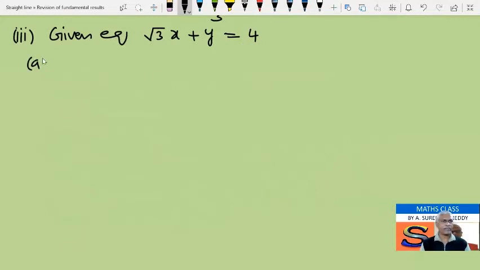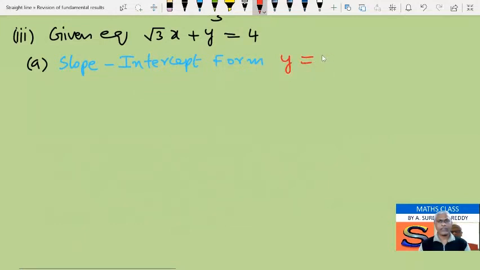The first one, slope intercept form, that is y is equal to mx plus c. So we have to convert the given equation into this form.